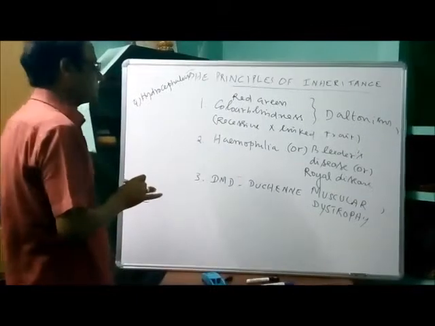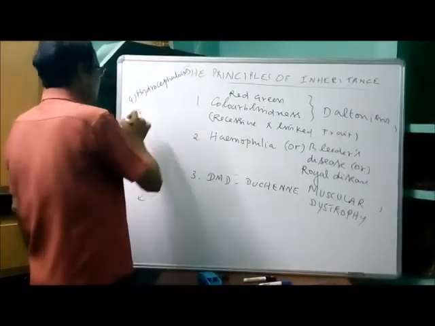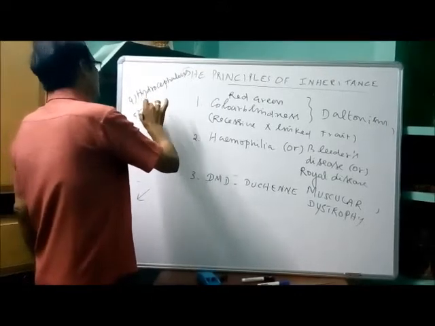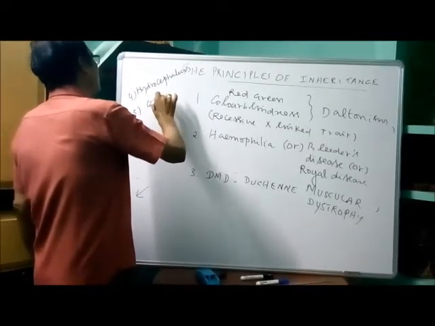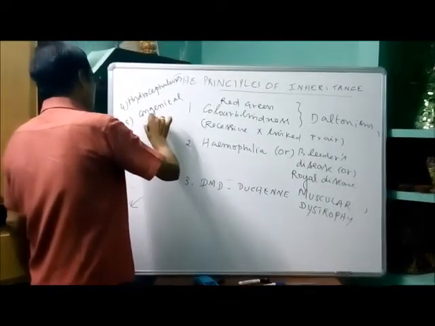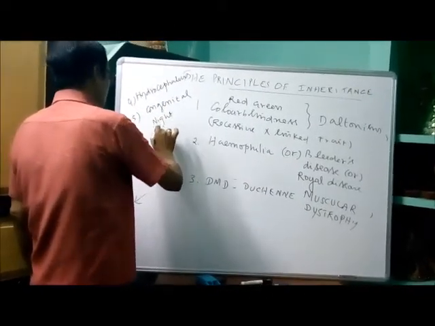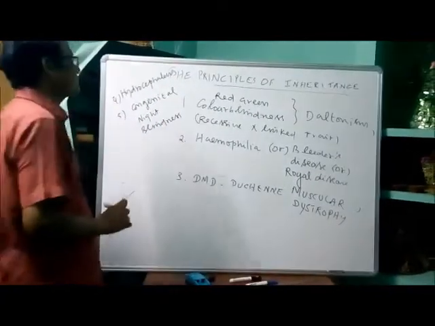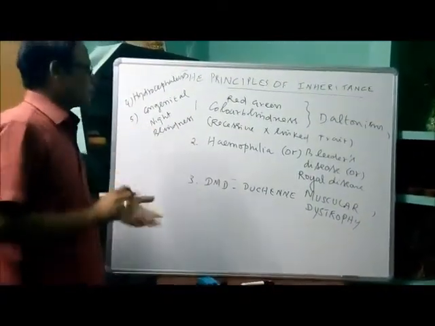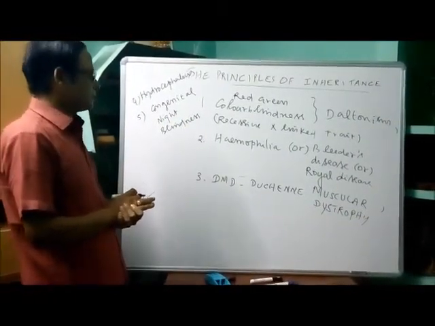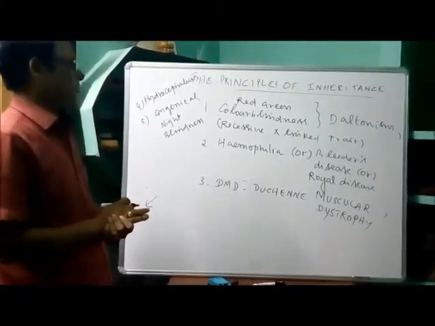It's not in the syllabus, but from the entrance point of view, the next one is congenital night blindness. So these are some of the examples. But in our syllabus, we have only red-green color blindness, hemophilia, or DMD.